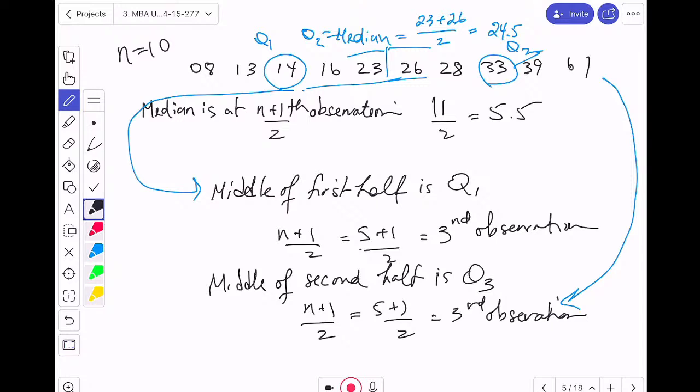Nicole, are you okay with what I explained? So I have my values, 14, 24.5, and 33. The median was not one of the values, but it's the median. It's the middle value.